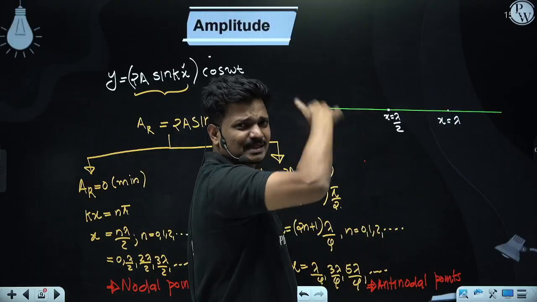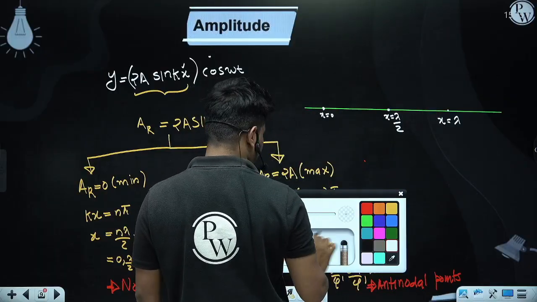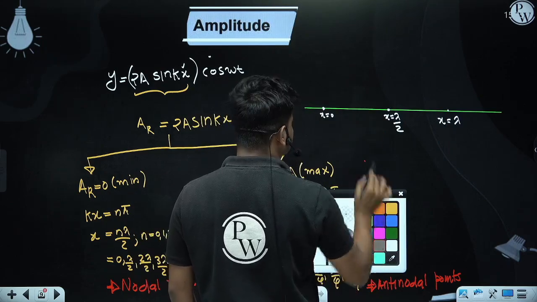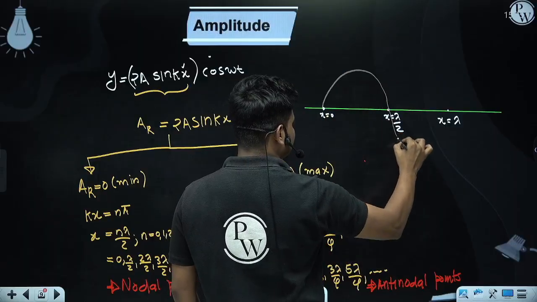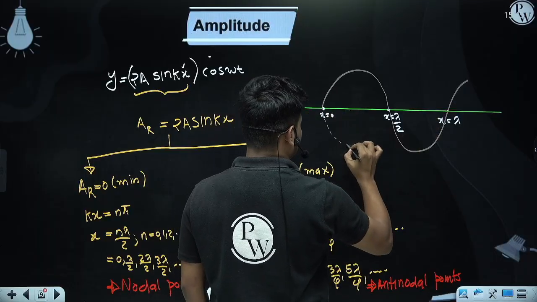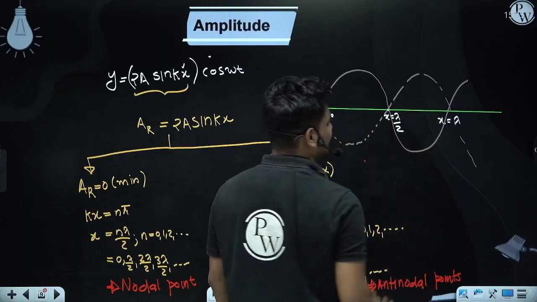The next one is 3 lambda by 2. So these are the nodal points. Then to draw the graph, the graph is like that, or like that.